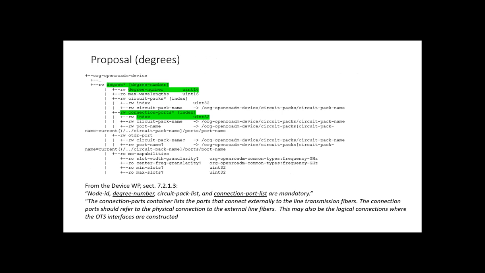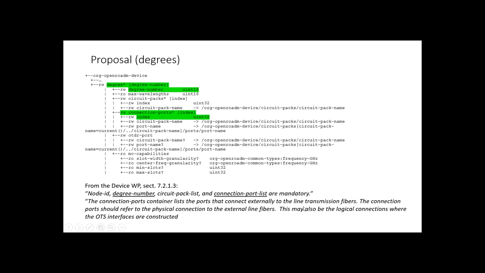The proposal here is to have a look at two different cases: for degrees, which are the line ports, and for SRGs, which are the client ports. For degrees, the idea is to look at the mandatory leaves degree number and index. The index is contained within connection ports, and connection ports, as stated in the recommendation, list the ports that connect externally to the line transmission fibers.